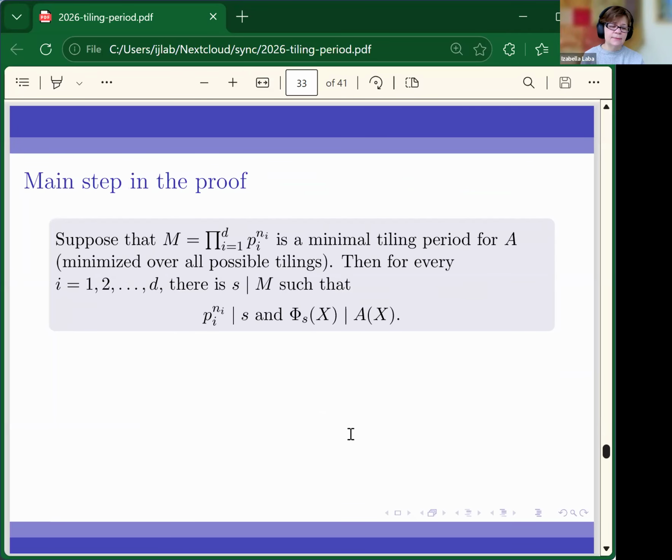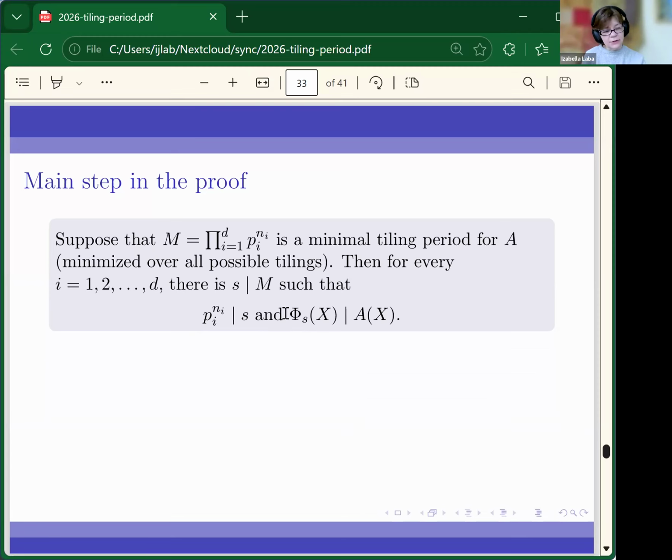So the main step is as follows. Suppose that I have a tiling with minimal period M, so I'm also going to assume that. And then I can prove that for every top power of every prime in the prime factor decomposition of M, I can identify a cyclotomic polynomial phi s that divides A of x, such that that prime power divides s.